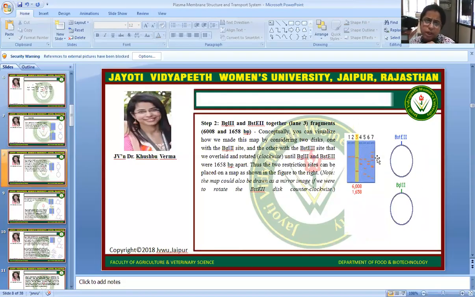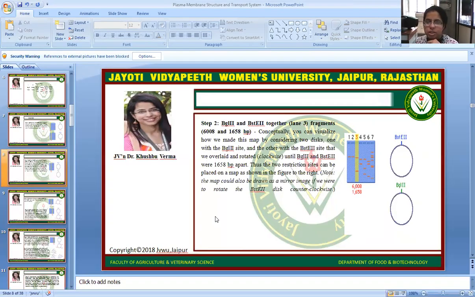In the next step, where BglII and BstEII were together in lane 3, we got bands of 6,008 and 1,658 base pairs. Conceptually, we can visualize how we made this map by constructing two discs, one with the BglII site and the other with the BstEII site, that we overlaid and rotated clockwise until BglII and BstEII were 1,658 base pairs apart.